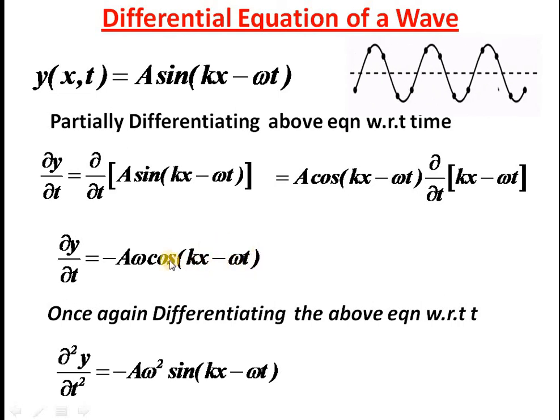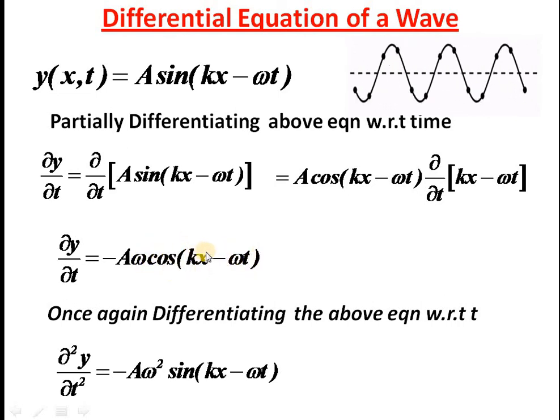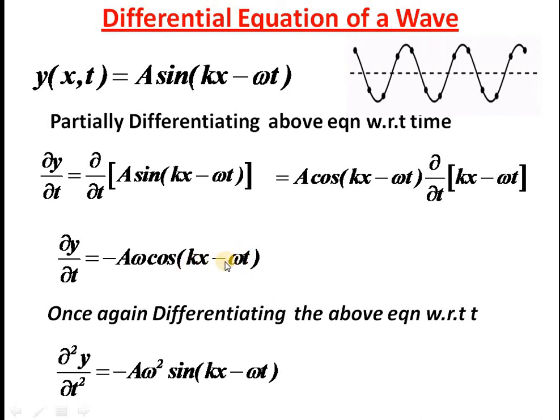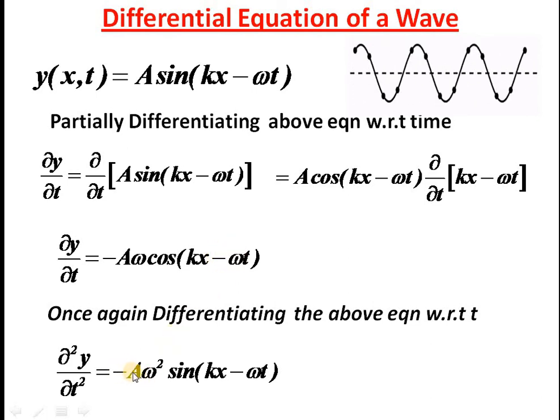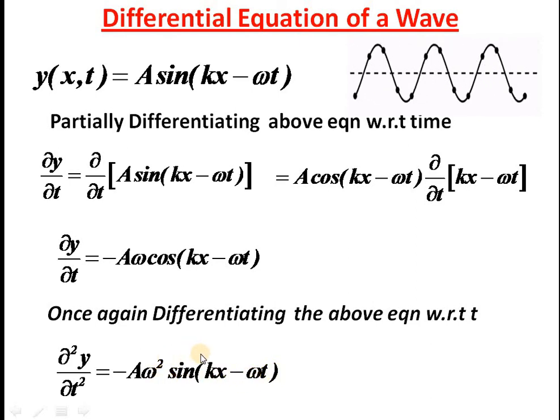Okay, you have to differentiate the cosine part once again, so that will lead to minus sin(kx − ωt), and when we differentiate inside the bracket, you will have an additional minus ω. So altogether what we get? We get minus aω² sin(kx − ωt). So this is the second order differential of y with respect to time, and that we got.